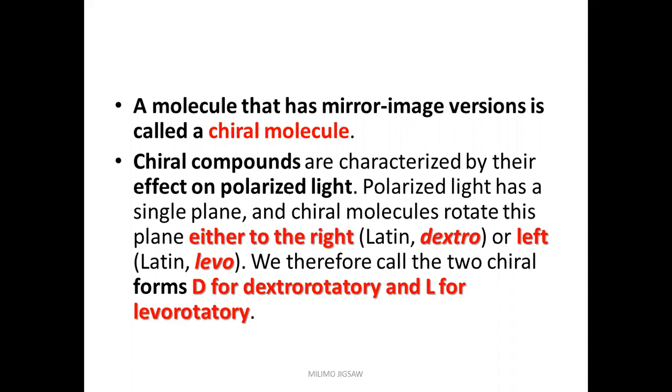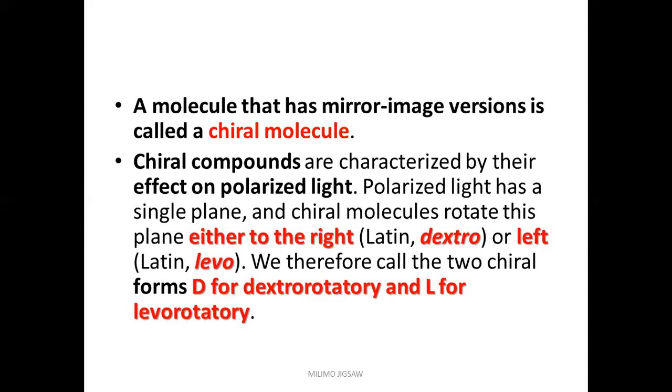When you look at the enantiomers, they are identical in most physical and chemical properties. You find that they are identical in melting point, boiling point, and density, and chemical reactions are typical for the functional groups present in the molecule. However, there are certain differences that can be discerned.